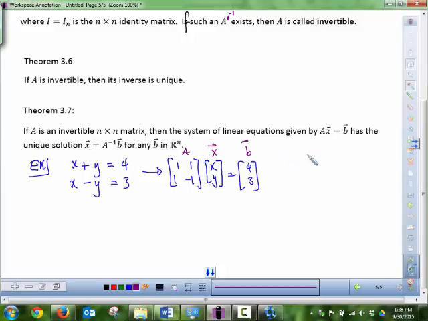But the idea is that if we find out what A inverse is equal to, let me just find out what A inverse is equal to.